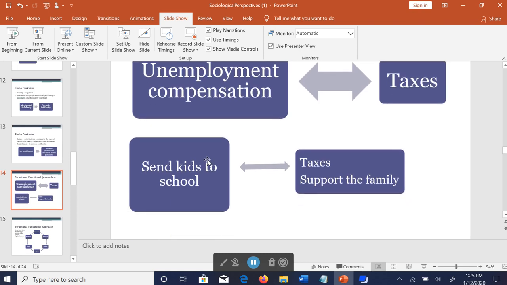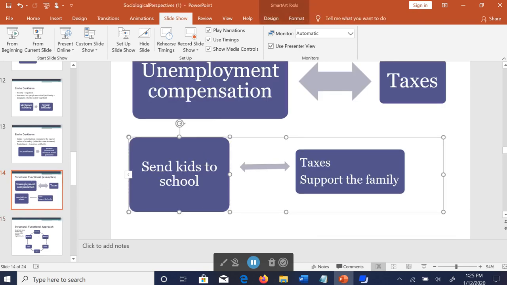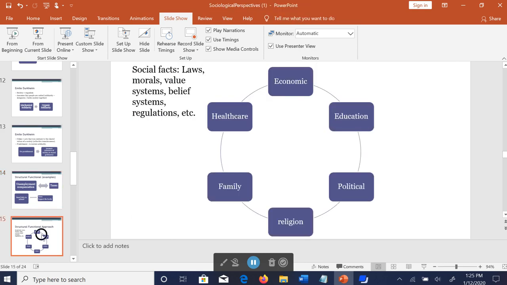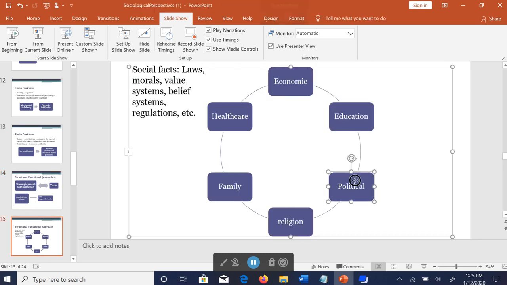Parents from the family institutions send kids to school with the hope that the kids will study hard, eventually graduate high school, graduate college, and get a good job. And when the kid graduates college, maybe they get a stable job, a good job, and through their employment, they are able to pay taxes to the government, the political institutions. So, families send kids to school.